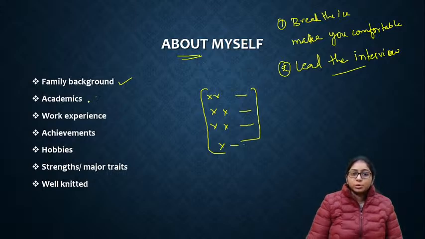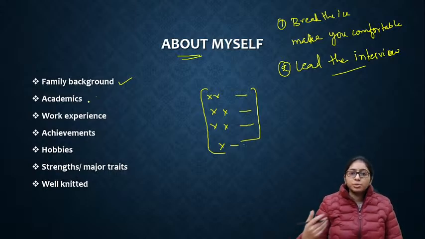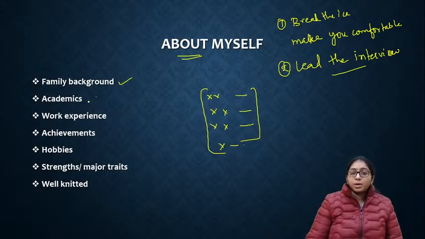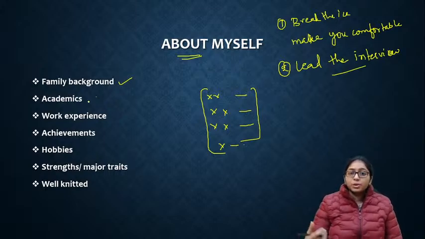Let's take an example, that you improved upon yourself during a certain period of the course. You improved upon your marks, your results improved. If you want to highlight that part as a part of your strength, that you have shown perseverance, that you have shown hard work that helped you increase your results, increase your marks, you can highlight that part.